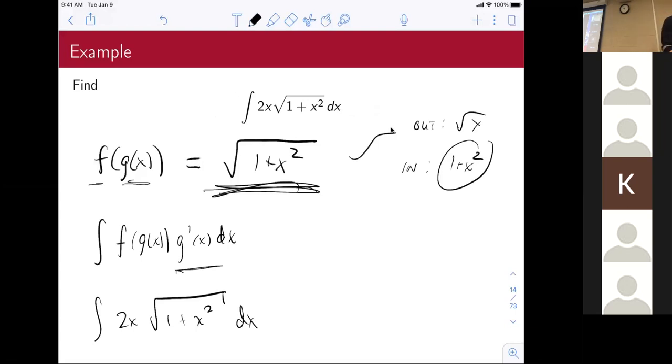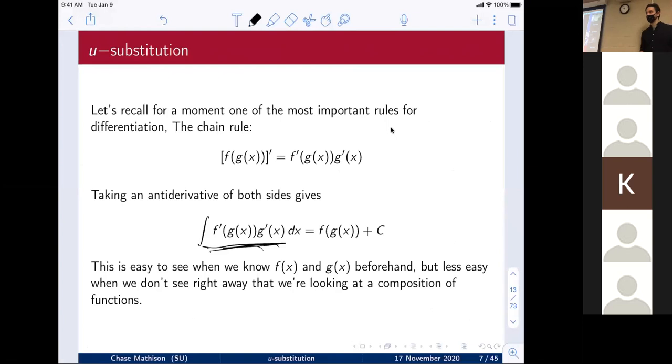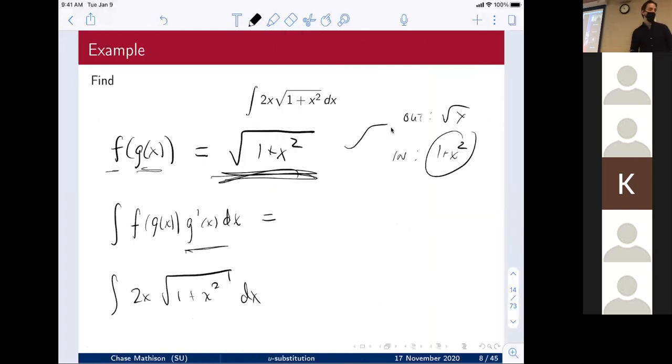Well, this integral comes from looking at f of g of x times g prime of x, right? So this is a little different than what we had back here. Back here I had f prime of g of x. Here, I know right away what the original function is, f of x, but I don't know f prime. I know the inside function.